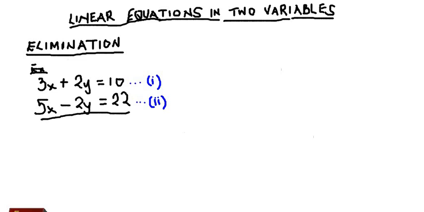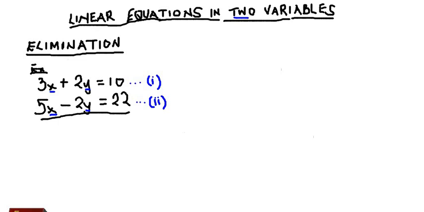Each of these two equations has the variables x and y. That's what we mean by linear equations in two variables, because each of the equations has two different variables, two different unknowns. Equation 2 also has the variables x and y. So we know that we have two linear equations in two variables.